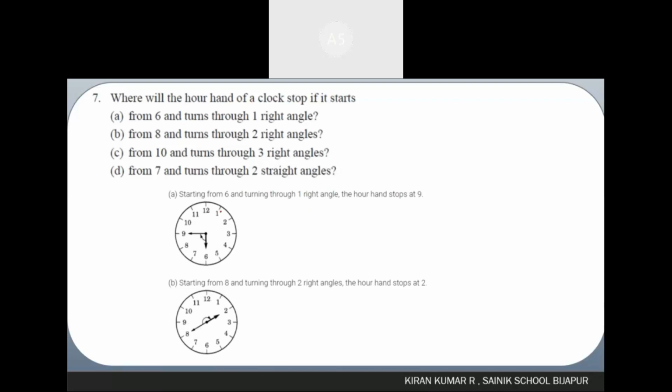When it starts from 6 and turns through one right angle, it stops at 9. When it is starting from 8 and turning through 2 right angles, it makes 180 degrees and it stops at 2.